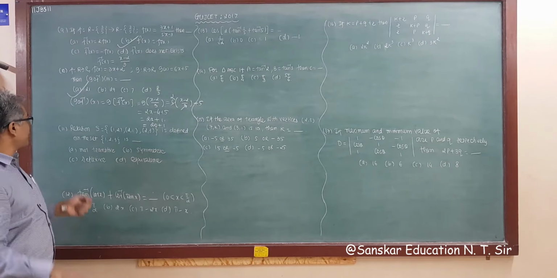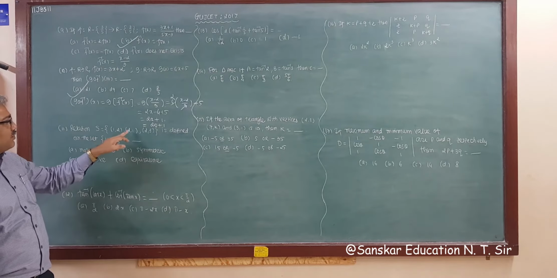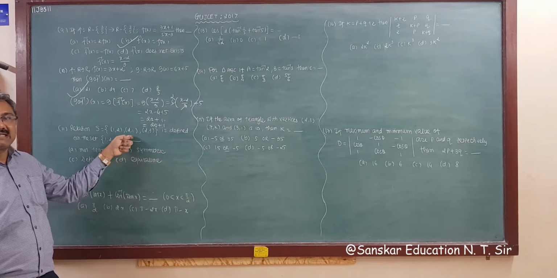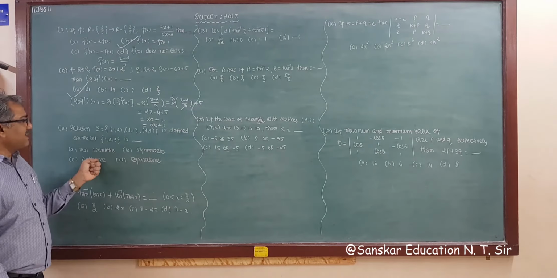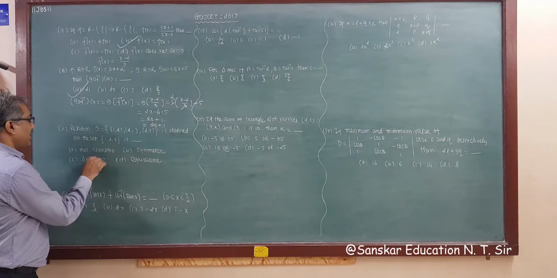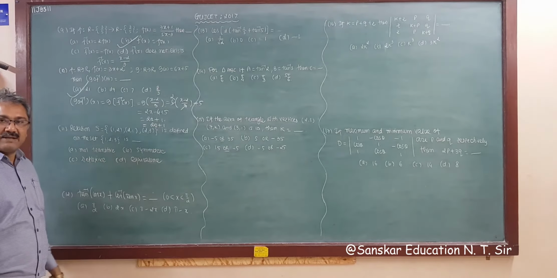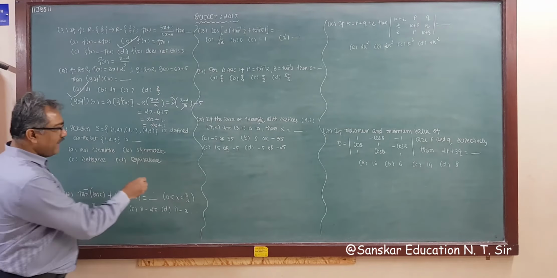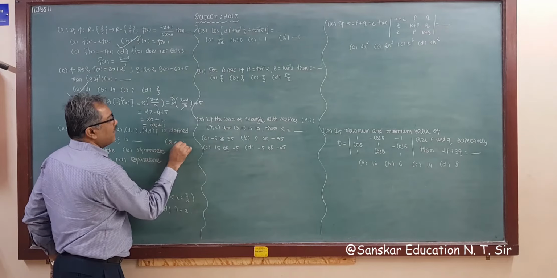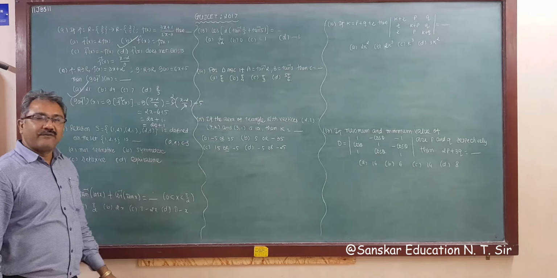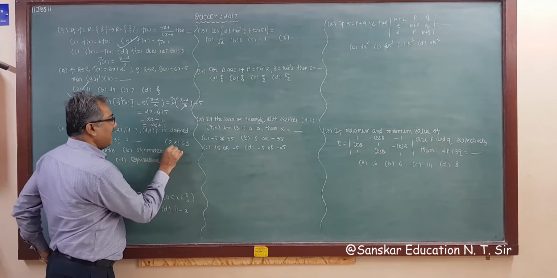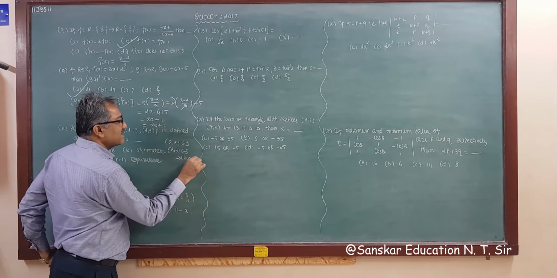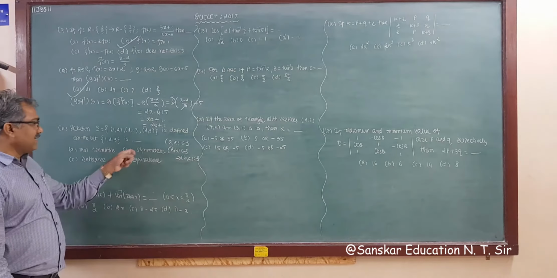Right? Next question. Relation S is equal to {(1, 2), (2, 1), (2, 3)} defined on the set {1, 2, 3}. Options are given: not transitive, symmetric, reflexive, and equivalence. First, we start with reflexive. What is reflexive? If (a, a) belongs to S, then it's called reflexive. For symmetric, (a, b) belongs to S implies (b, a) belongs to S, then it's symmetric.